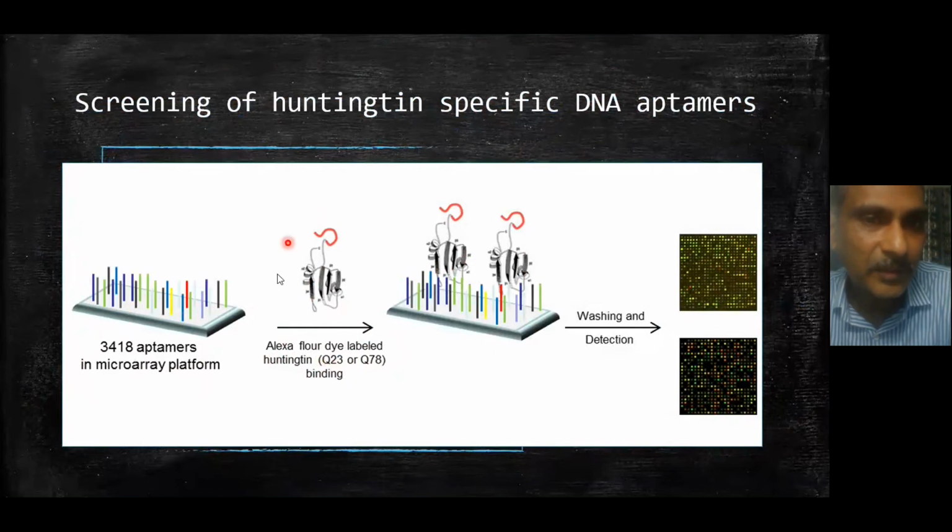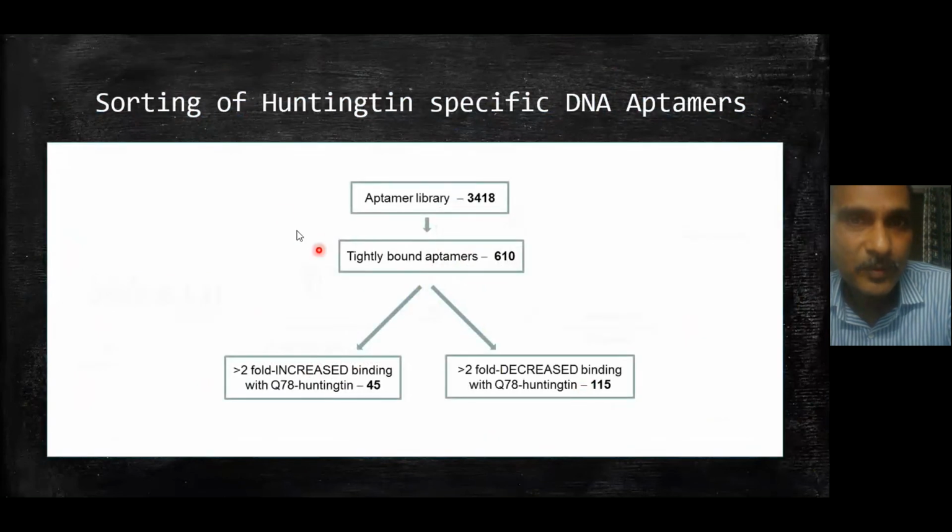So we sent the labeled protein to them, and they did the screening part. What we wanted to see was amongst this library of aptamers, where our protein of interest binds, okay, and they do washing and the detection, and they provided us. So basically, this is a summary. The library was 3418 aptamers, and amongst them 610 aptamers bound tightly to either wild type or mutant protein, and amongst them there is a fold increase or decrease with mutant protein.